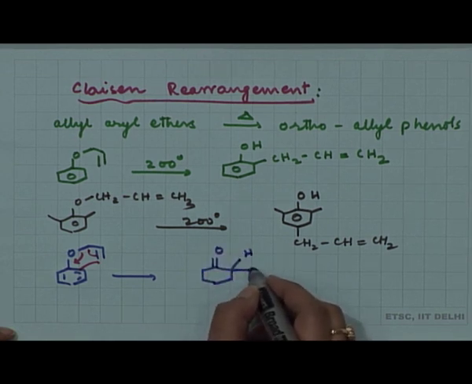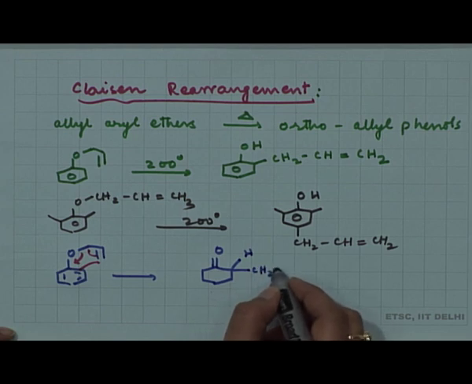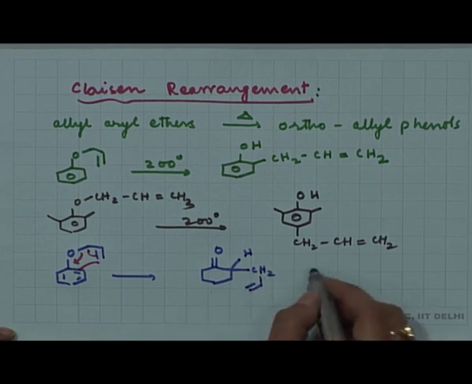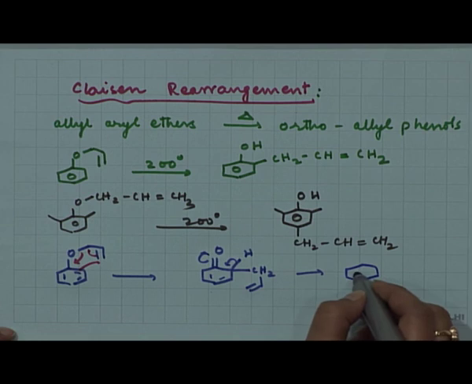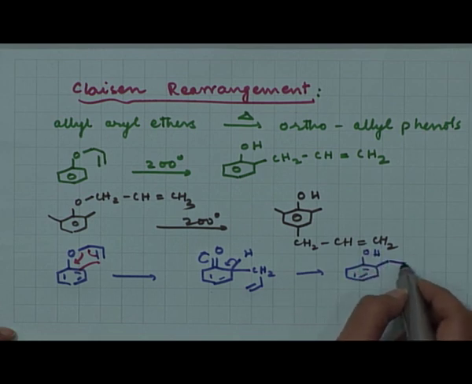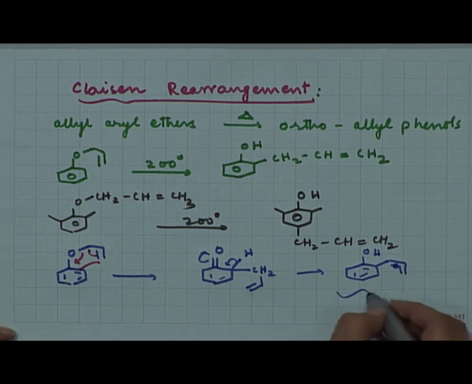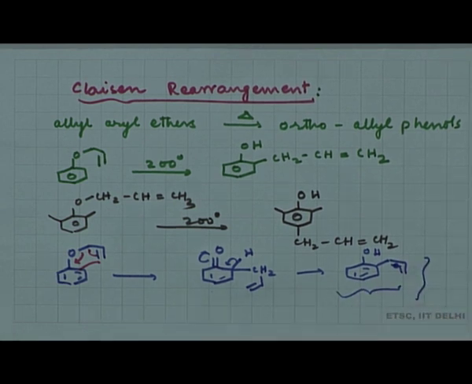So, you have a CH2, CH double bond CH2, and then this moves back to give you the phenol. So, we are getting these products as a result of the Claisen rearrangement, a very useful reaction.